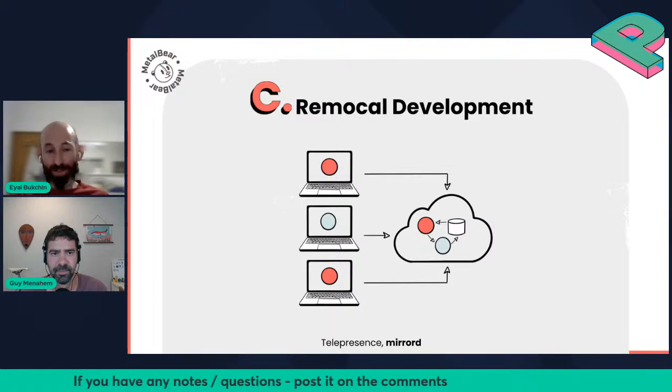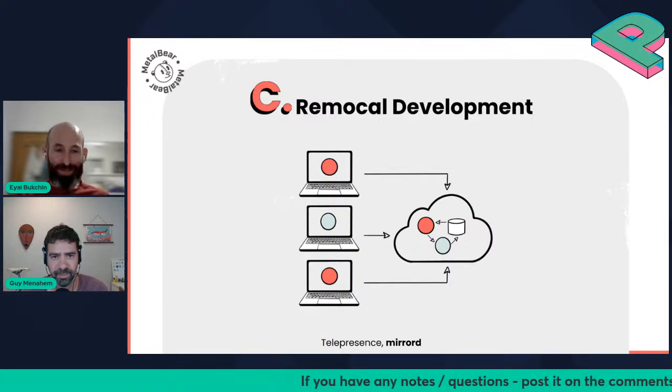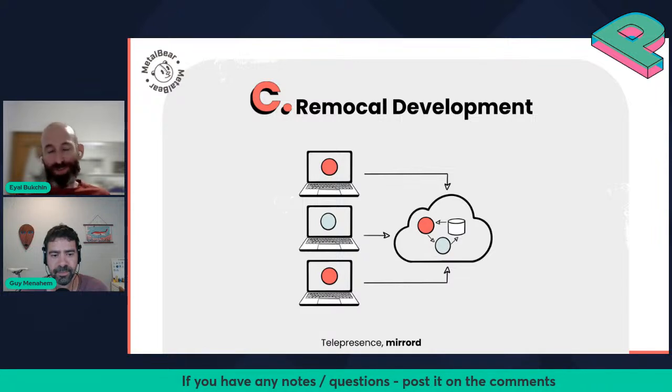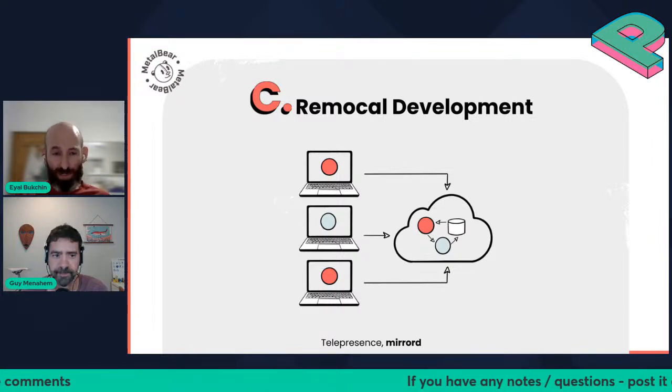And so the idea is that you run your microservice locally, but you connect it to a full cloud environment. So the microservice runs locally, everything else runs remotely. And the most common tool in this category is Telepresence by Ambassador Labs.